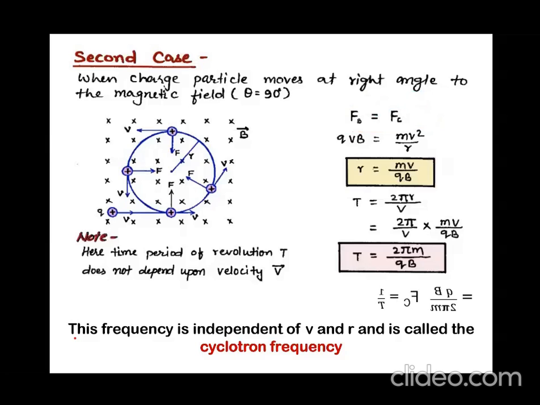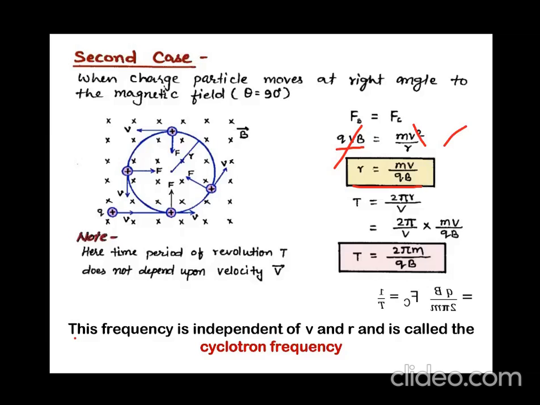So magnetic force is q v B, and centripetal force we know is m v square by r. If we make r the subject of the formula, r equals m v upon q B, because one v will get cancelled. Here r is the radius of the circular path.